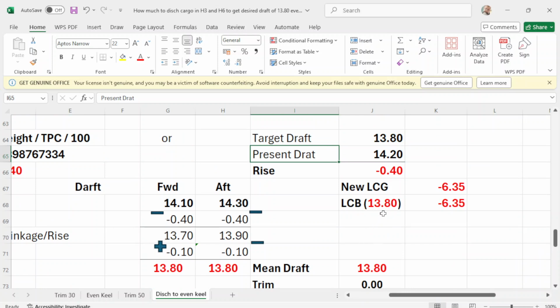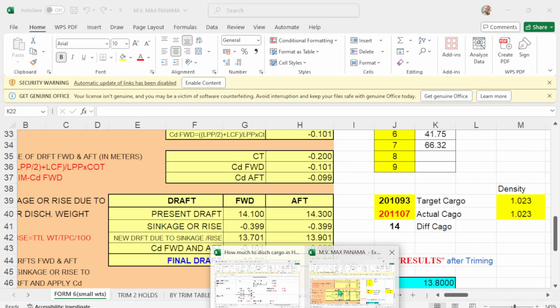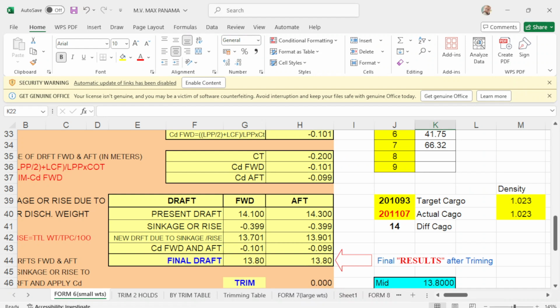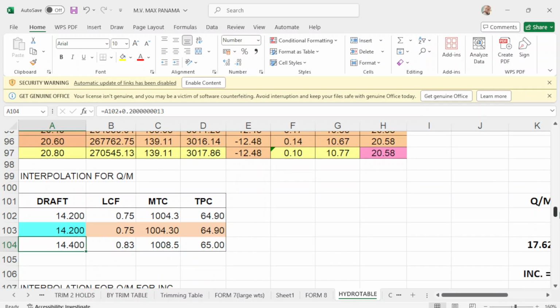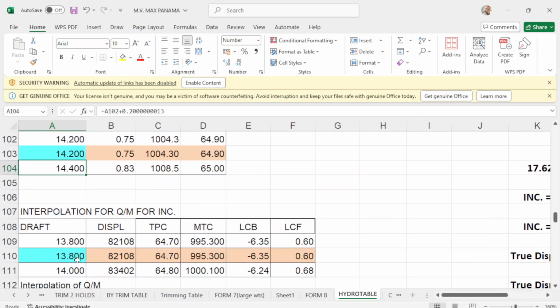What is the LCG of 13.80? So you go to the program 13.80, and check what is the LCB.